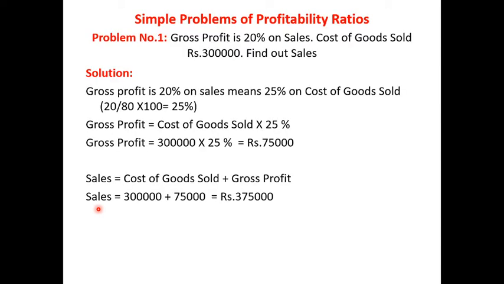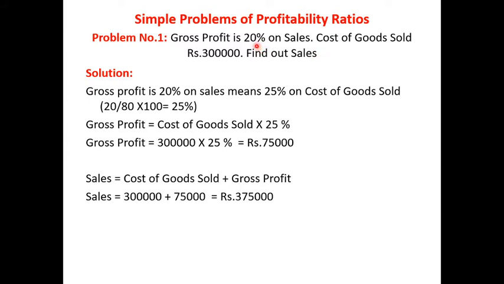The first problem. Gross profit is 20% on sale. Cost of goods sold 3 lakh. Find out sales. Here, gross profit is given 20% on sales, but the sales amount is not given. Cost of goods sold is given. We need to calculate the sales.